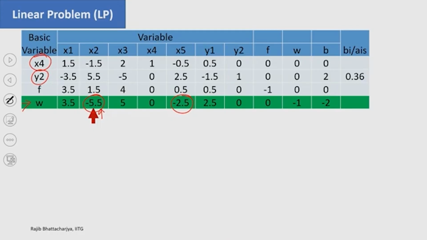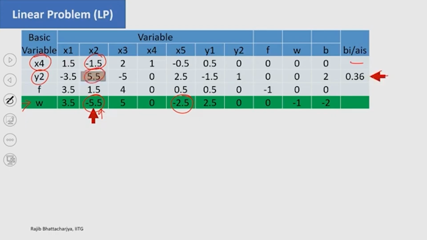Let us look at the ratio. The first one is negative, so we are not considering it. For the second one, that is 2 divided by 5.5, we are getting 0.36, and that is the only one, so this is your pivoting element.